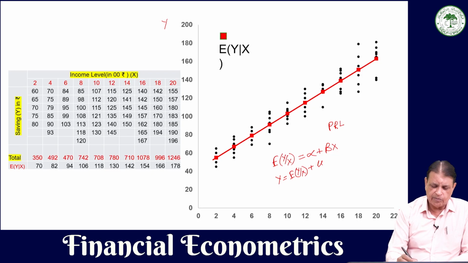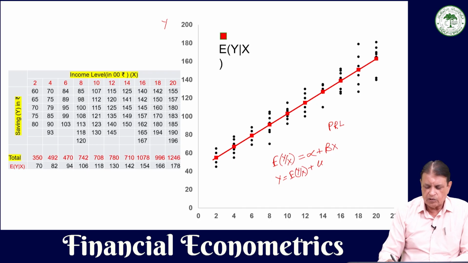So you see, the difference between this and this is u1, and the difference between this and this is also u1. You can take it u1, u2 like this. So this is in terms of the actual values of y. This equation is in terms of expected value of y given the value of x.